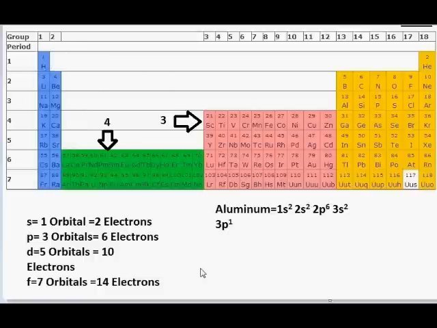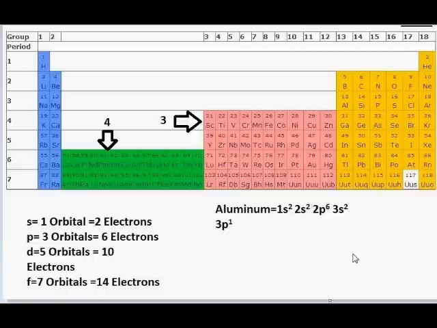An electron configuration for Cu would be 1s2, 2s2, 2p6, 3s2, 3p6, 4s2, and then 3d9.